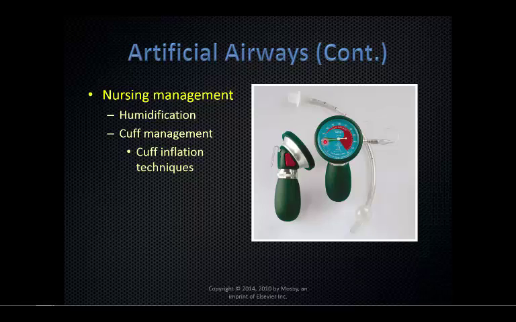The pressure should be around 20, and you can see there's a green range there between 15 and 25. The pilot balloon is connected to this little port, and then you can get the measurement, and then you can squeeze the little rubber air import right here. If the balloon is pumped up too heavily, then you can release some of the air from this red button.